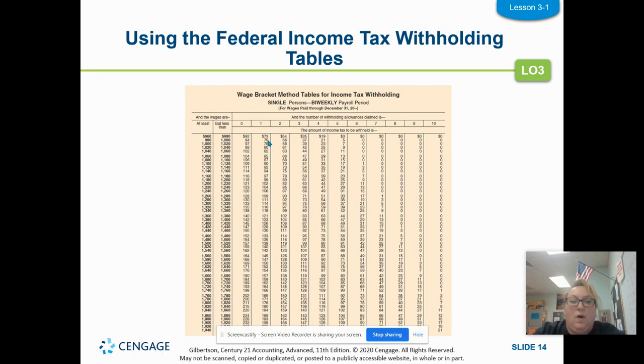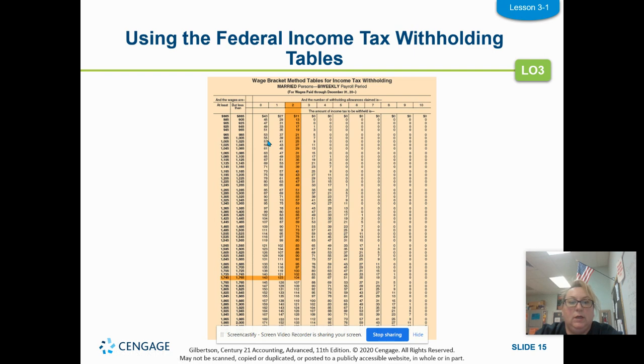So you always want to take the higher number. If it hits that number exactly, you have to go up to the at least number. Just a reminder.